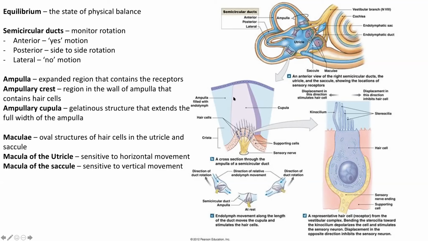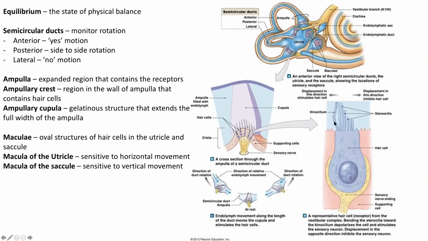So this is endolymph. When we have movement of this endolymph, when we rotate through one of our rotations, this moves this gelatinous structure, this cupula, one way or the other. And this movement then moves the hairs, the cilia, on the hair cell. These are the hair cells, and we have stereocilia here, and the movement of this cupula either moves the stereocilia towards the kinocilia or away from the kinocilia.